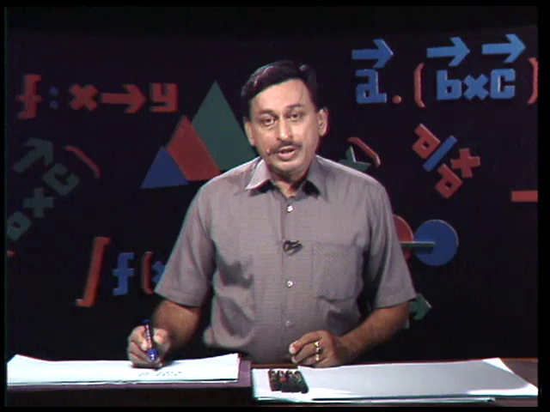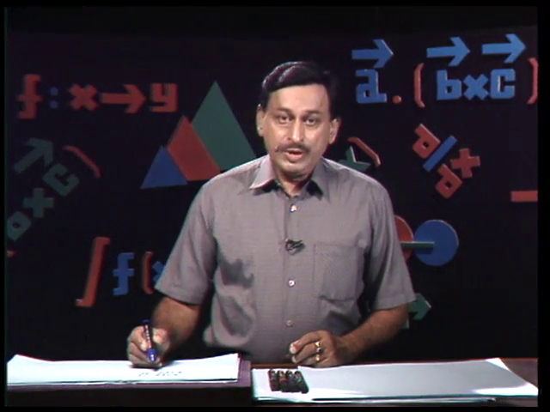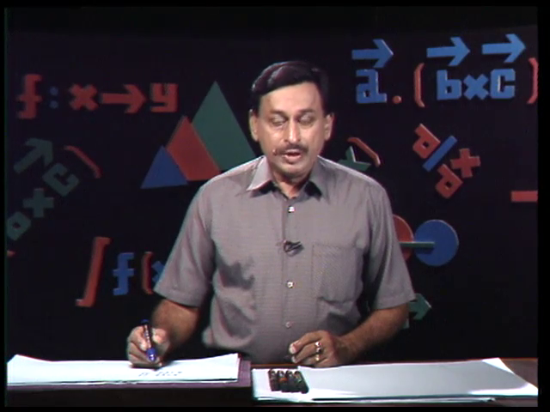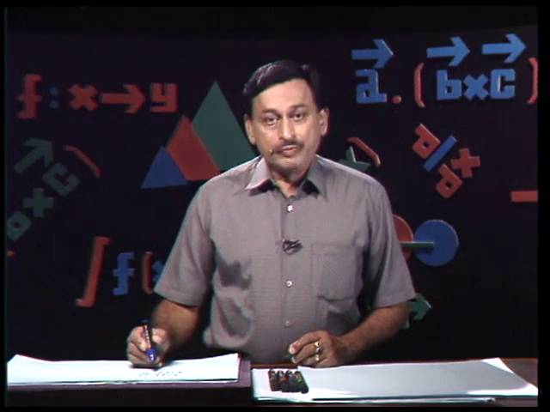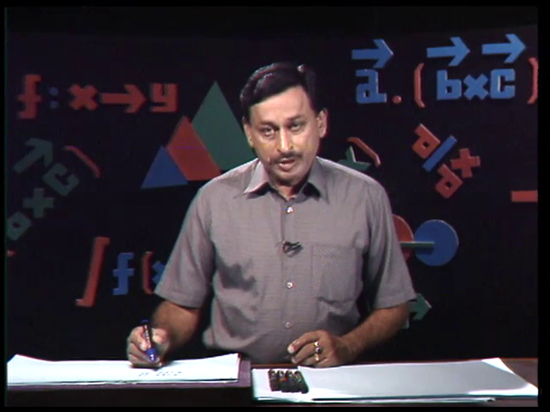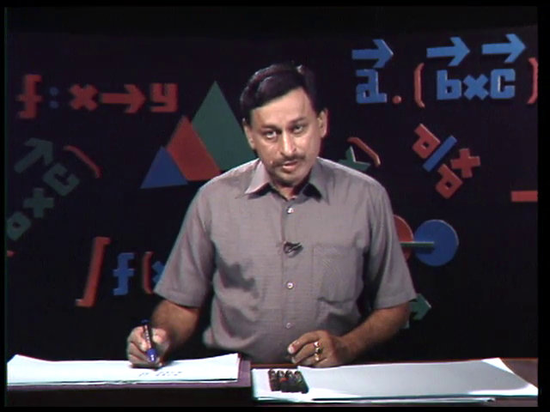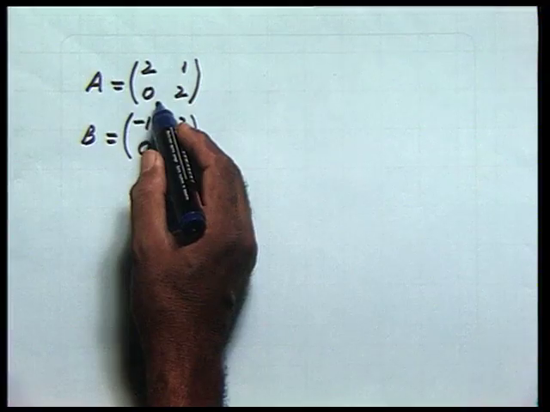What do you think will happen in case the value of the determinant is 0? Surely division by 0 is not possible, so we will not be able to find the inverse. So, in any case wherever you are trying to find the inverse of a matrix, the first effort should be to find out what the value of the corresponding determinant is. That is precisely what we do in this case.